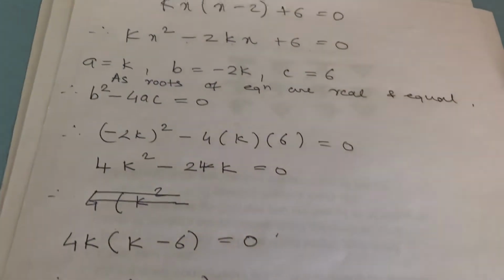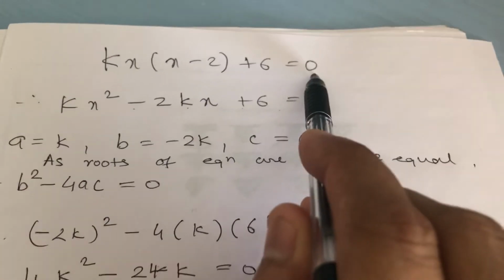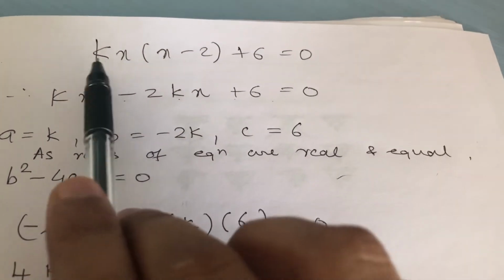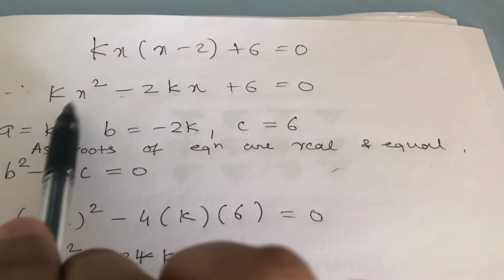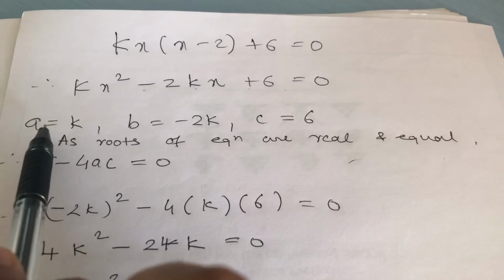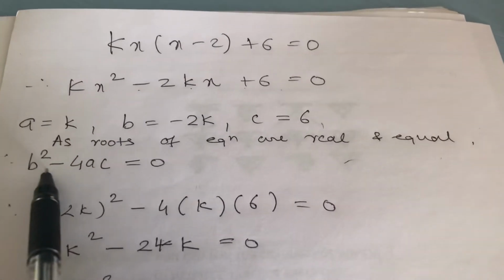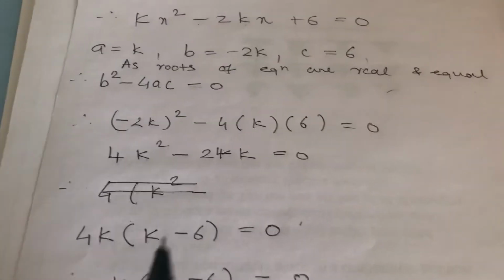Okay. Moving to the next one. Similarly, here also they have told that the roots are real and equal. So first we write it in the standard form. Kx square minus 2kx plus 6 is 0. So you get the value of a, b and c. So b square minus 4ac is 0.